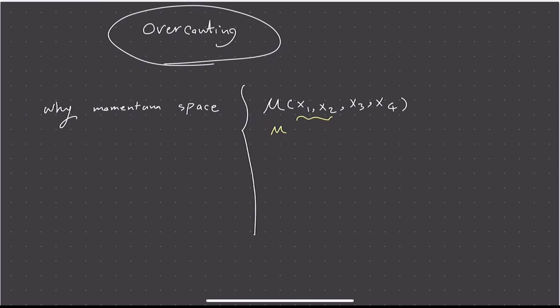Each pair of points, for example, M of x minus y is translated into some M tilde of p. That means we are reducing the effective number of independent variables, which is mathematically simpler.